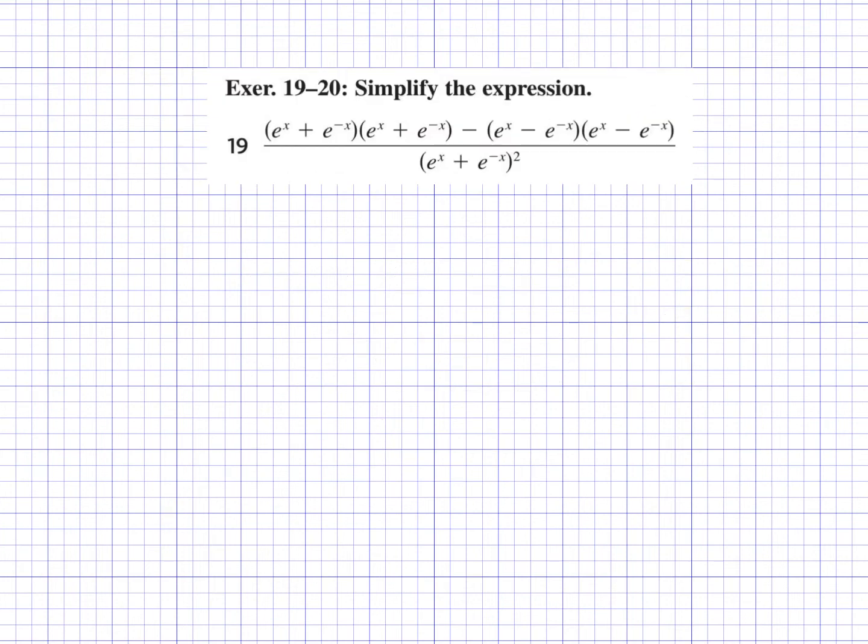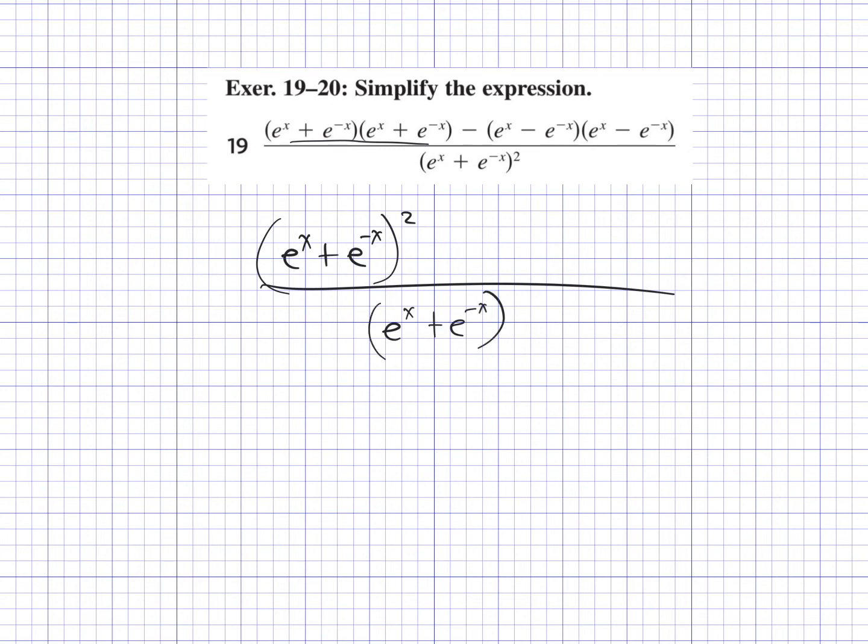Okay, this looks really ugly. You can go ahead and distribute if you want. But what I want to show you is these two are the same. So that's e to the x plus e to the negative x squared, which happens to be the same thing as what's on the bottom here. And you have a minus sign, and you have e to the x minus e to the negative x squared there.